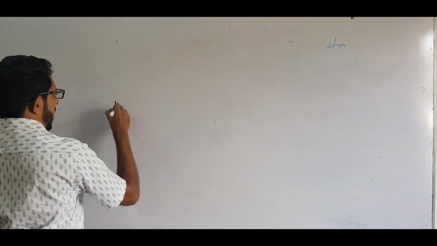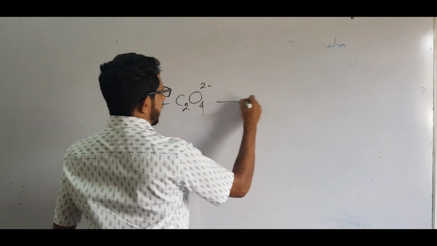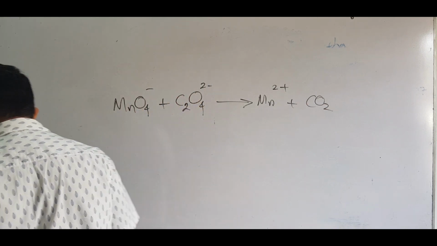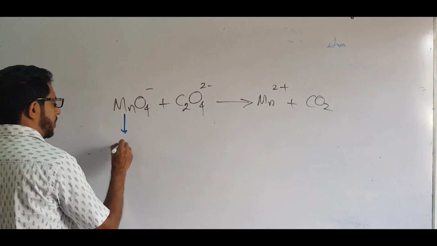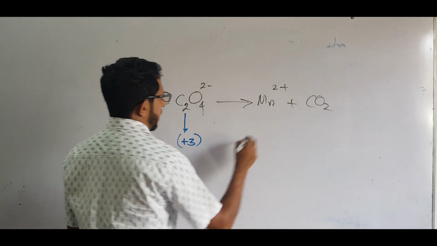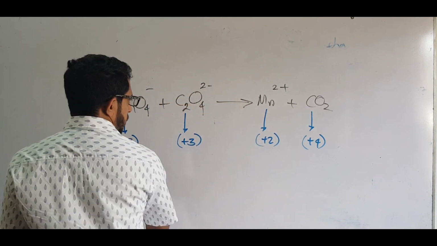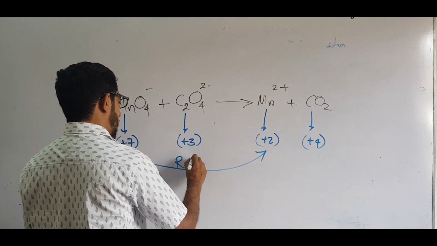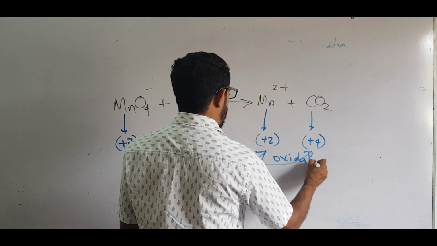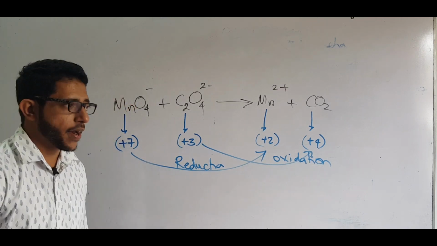If I use the same reaction again, MnO4- plus C2O4 2- gives you Mn2+ plus carbon dioxide. I found the oxidation numbers in the previous case. Manganese becomes +7, carbon becomes +3 here, +2, +4, +7 to +2. Manganese is the one that actually undergoes reduction. +3 to +4, so this is the oxidation. Now, we can easily say which element has undergone oxidation and which element has undergone reduction, right.